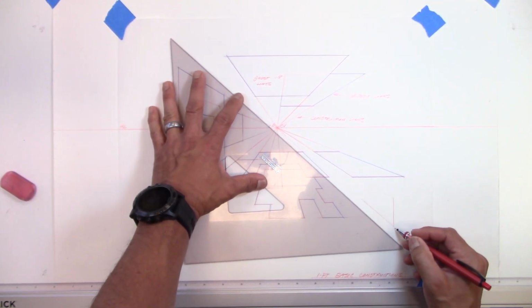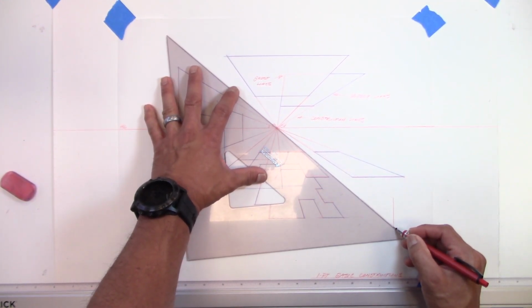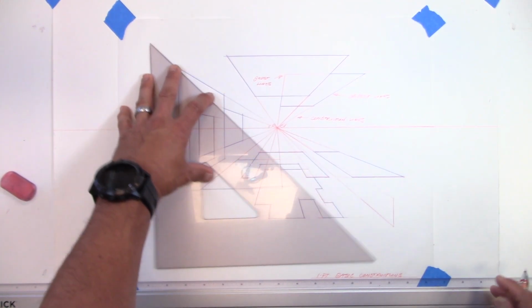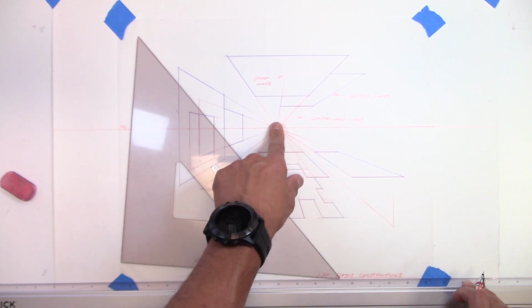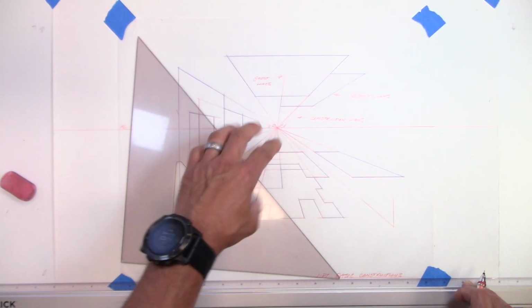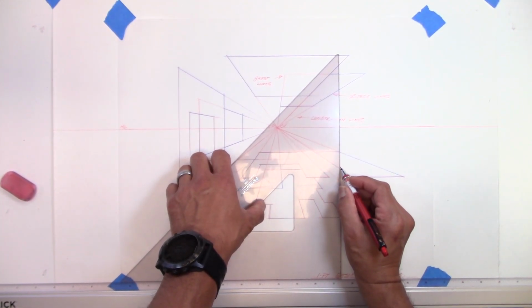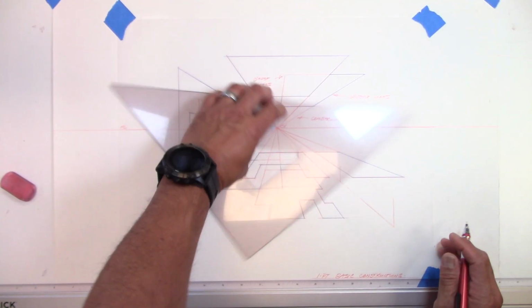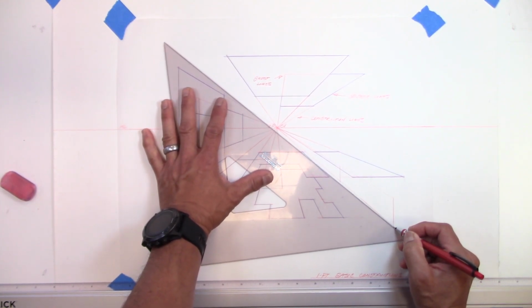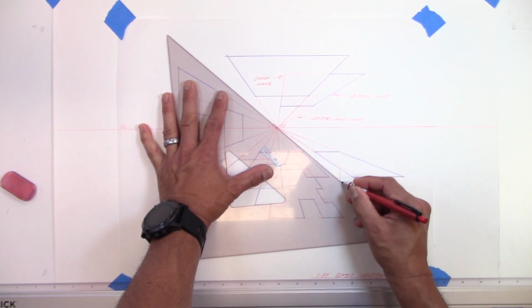Even though your lines do converge all the way to the vanishing point, don't keep your planes traveling all the way to infinity and just leave it there. You're going to need to show some restraint and some, I guess, sophistication with your drawing.